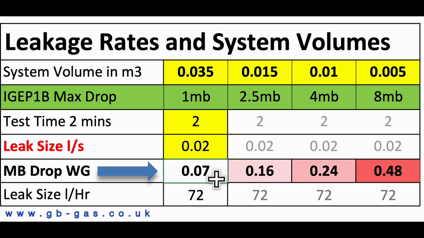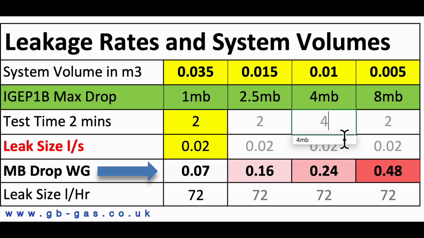So the only other way that IGEM could have sorted this out was to change the tightness testing times for each of the systems, but that would be far too complex. That's how it's done commercially. So we can do that here. So on the small system, if I keep that at 2 minutes, we've got double the volume of the size.